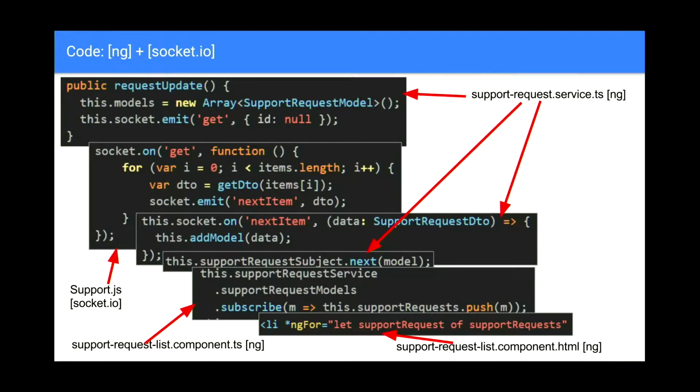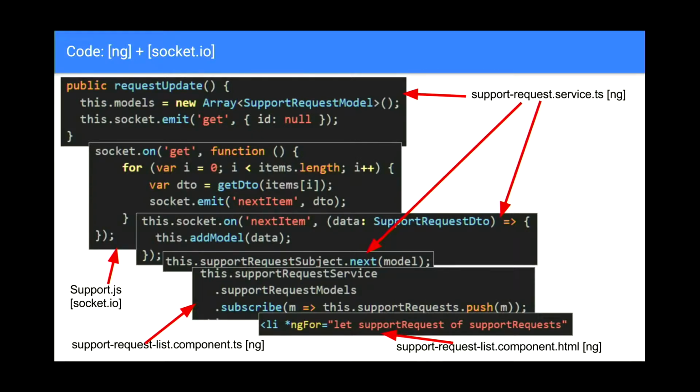And then the list component is subscribing to that, and it pushes into its own model. And then on the client, all we have to do in the HTML is say let support request of support requests. There's no other code that we need.